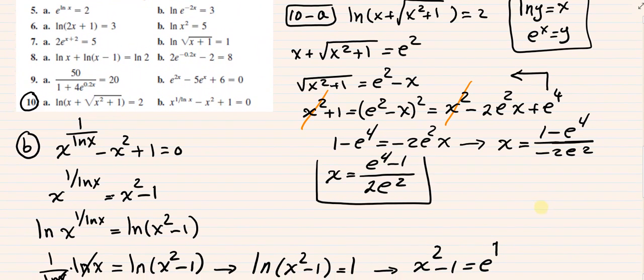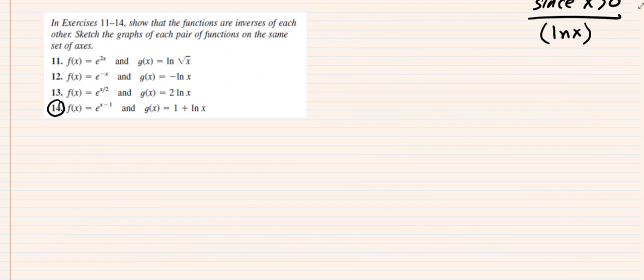Let's take a look at some more. In exercise number 14, show the functions are inverses of each other. Sketch the graphs of each pair of functions on the same set of axes.